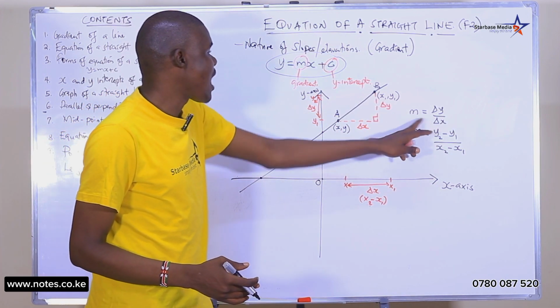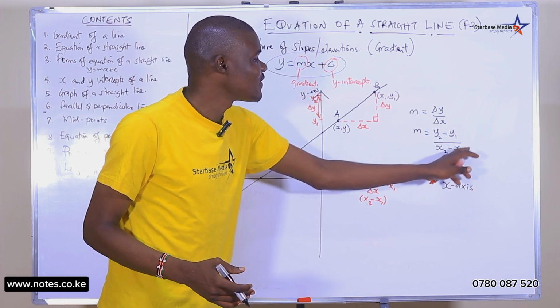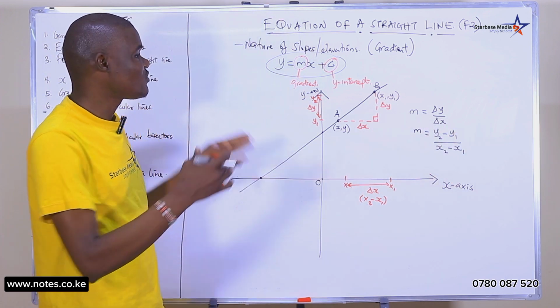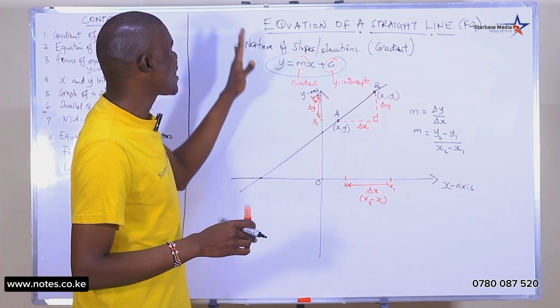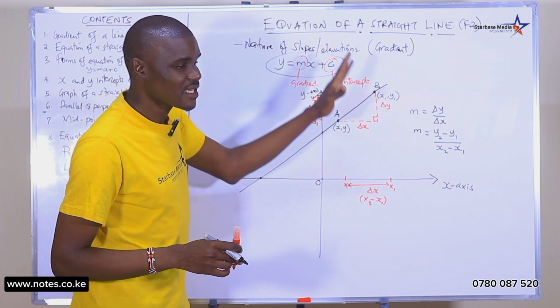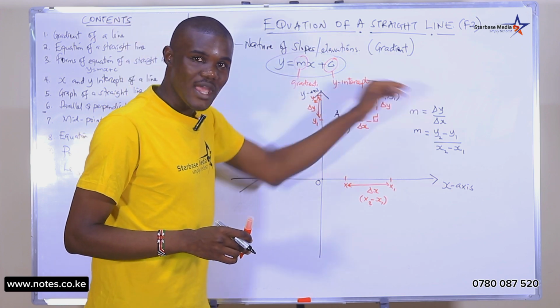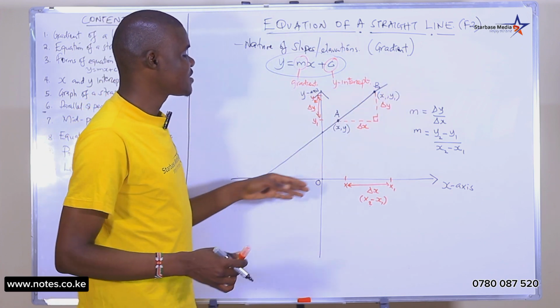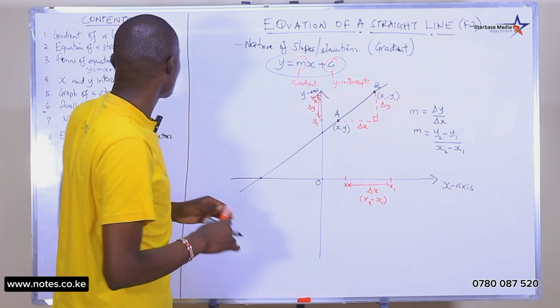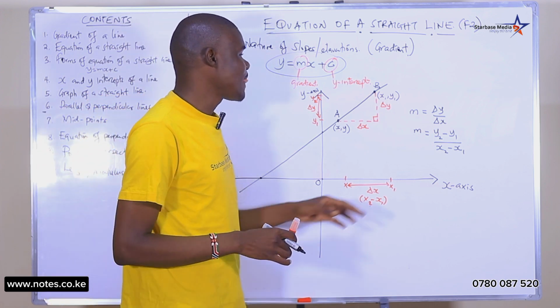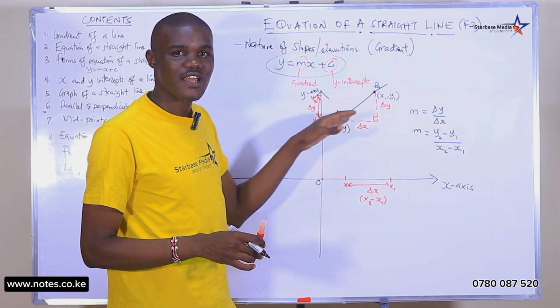So this is how we get the gradient of a line. When you have two points, simply label them. One you make x1, the other you make x2. One you label y1, the other you label y2. And then you get the difference. What you get is what we call gradient. So basically, that is how we get the gradient of a line.